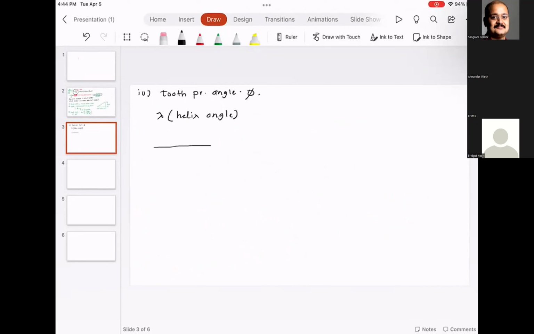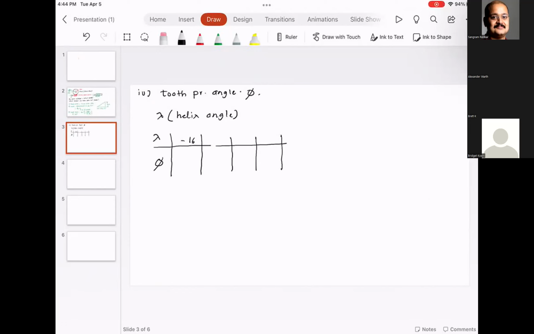So here is a table that is used for different values of lambda. You are going to have different values of tooth pressure angle. So as you can see, the helix angle, the lead angle, or again helix angle, can go from 9 degrees to 45 degrees.